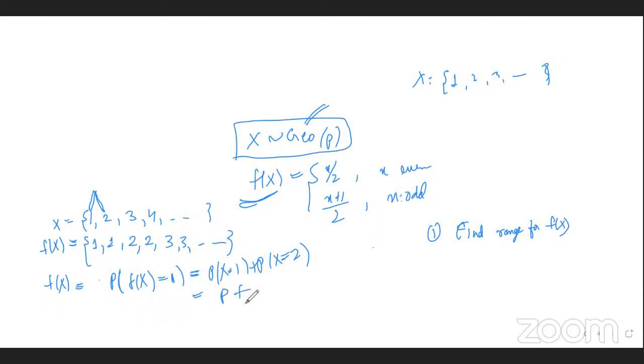What is probability x equals 2? It is (1 minus p) into p. So similarly, you try to find for each of the numbers. As you solve it, you will get a general form and we can see what your answer is. So always first try to see the range for the function of a random variable.